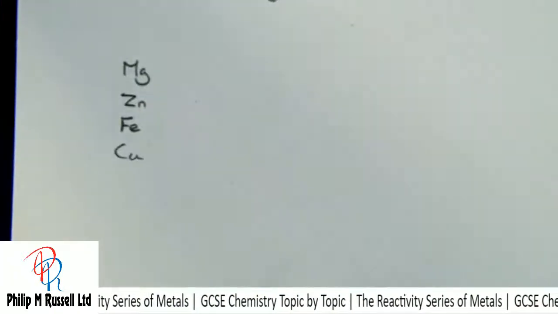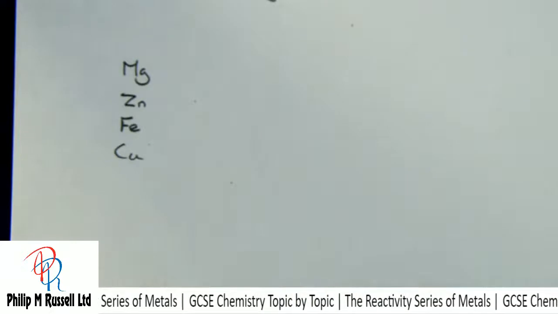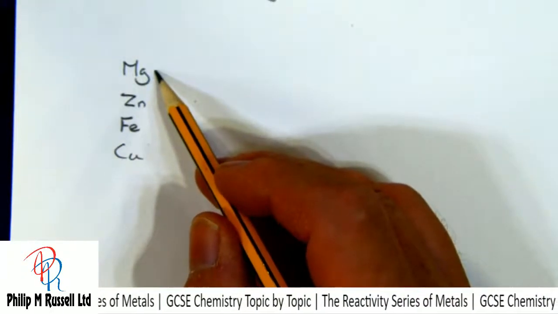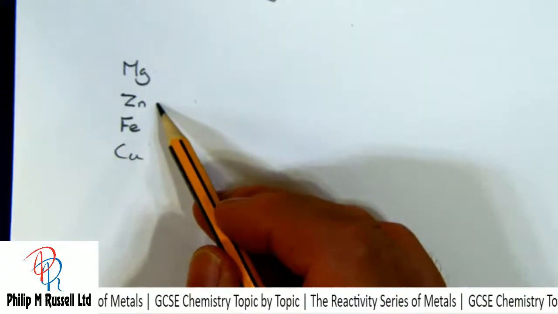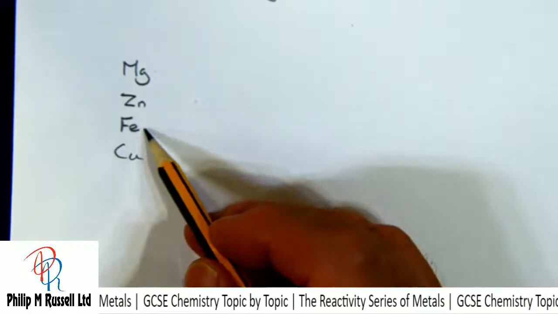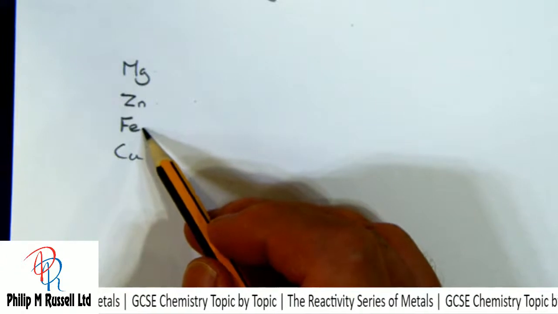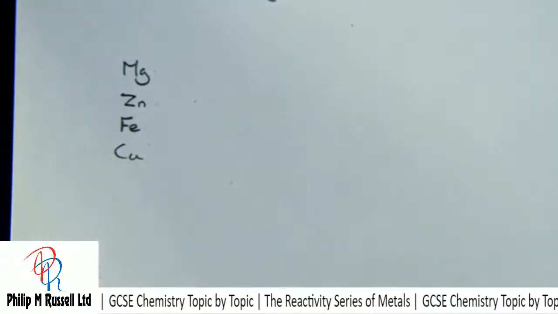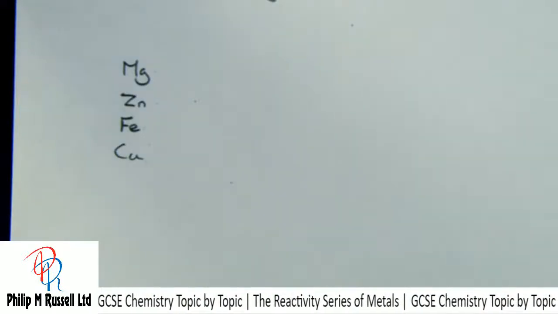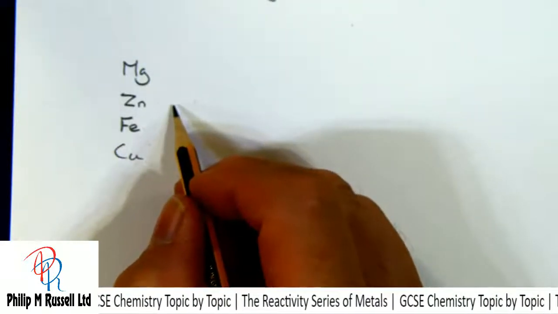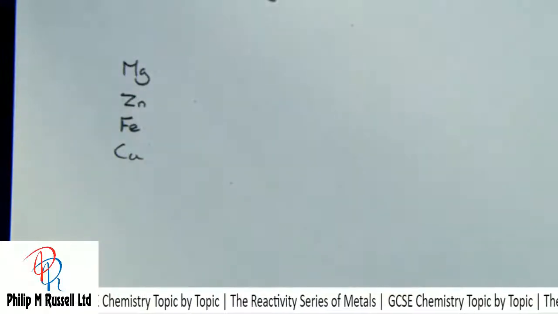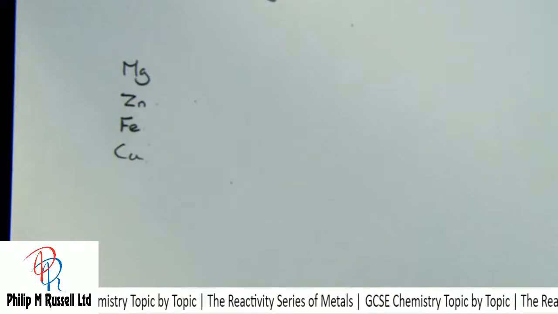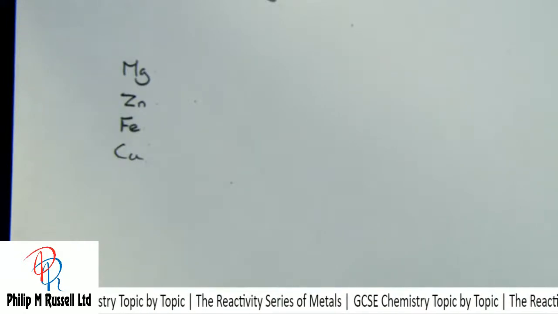For my experiment, I've got these results: magnesium being the most reactive, zinc the next, then iron barely doing something, but doing a lot more than the copper. I expected my zinc to be more reactive than what we had, but we expect it to be fairly low.